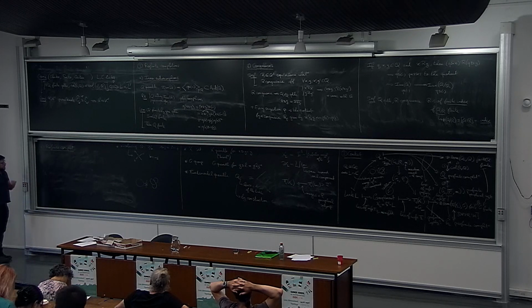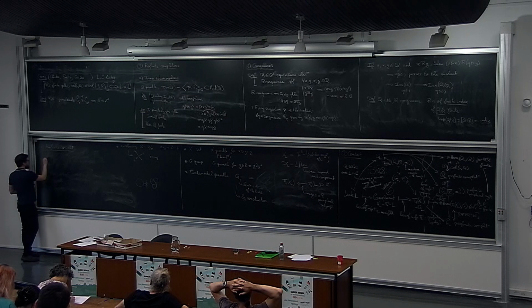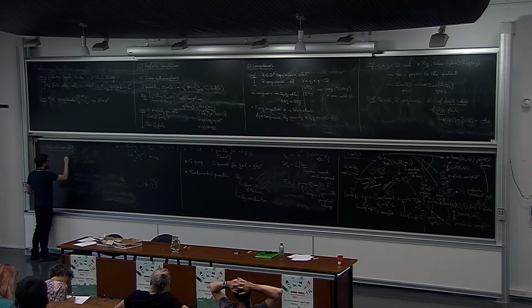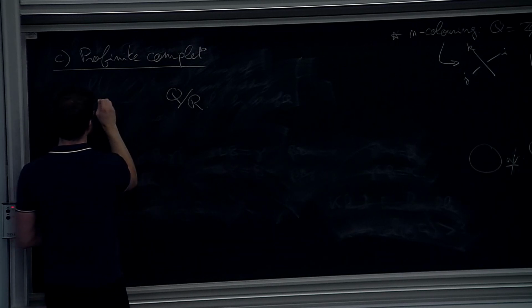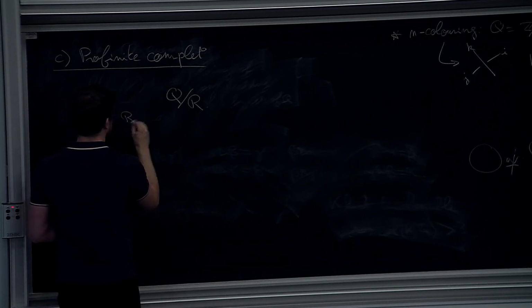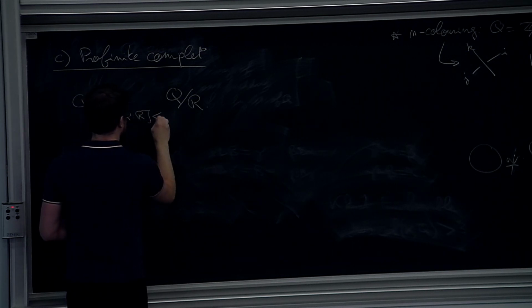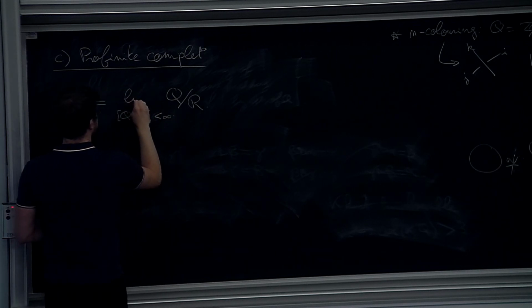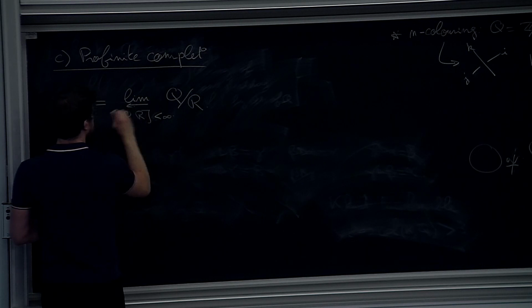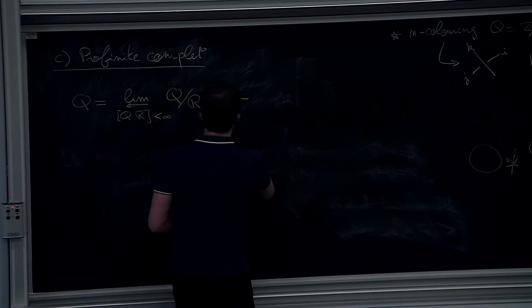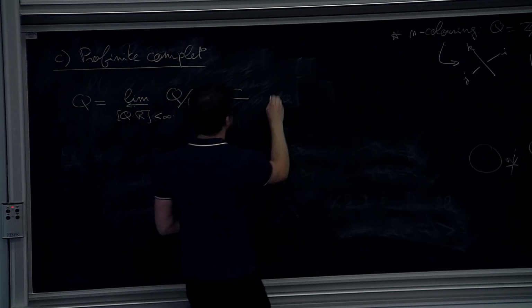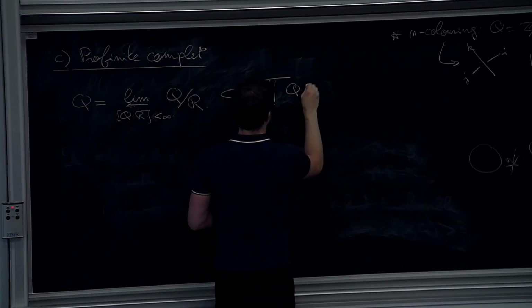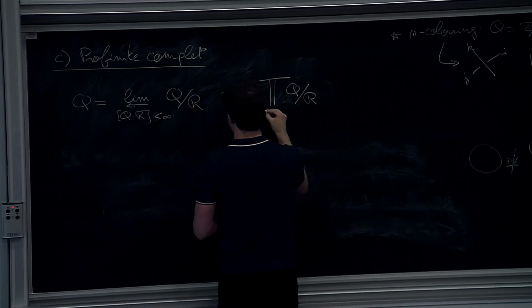Okay, so the profinite completion is defined as usual. You take all of the finite quotients. So this means that you take all congruences of finite index, and you take the projective limits of all of this. If you're not completely familiar with it, I will tell you a bit more about it.